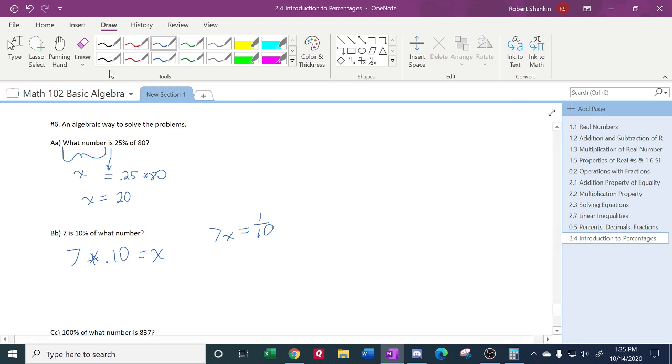Is means equals. So because the is means equal, 7 is, and then 10% could be either written as 1/10 or 0.10, either way. Of is the times, and notice of comes between 10% and what number?